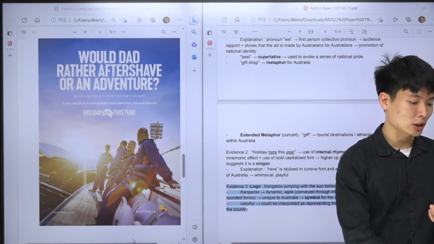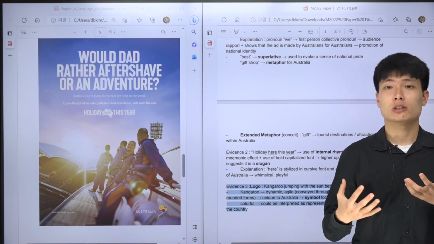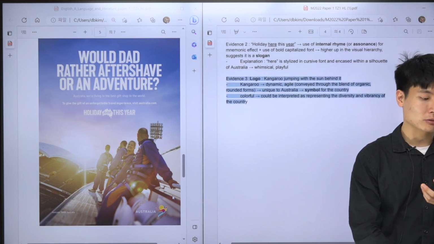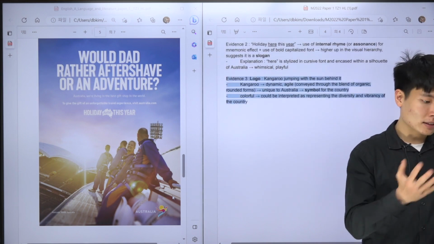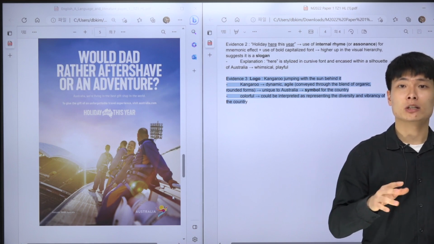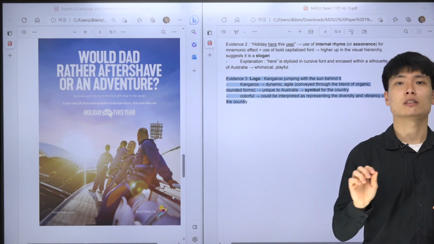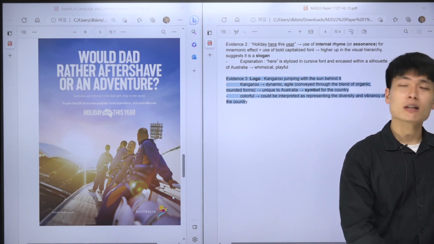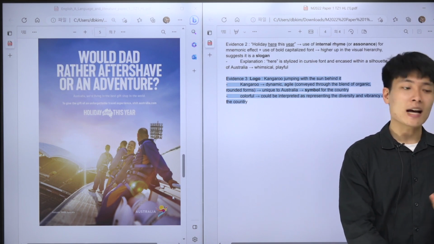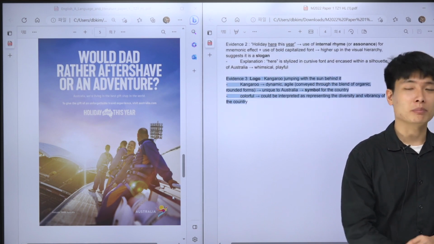I would also be mentioning the logo and all of the positive connotations about Australia this logo is trying to convey. And with that, all three body paragraphs are planned out. I know exactly what I'll be writing for every sentence, and I can now tackle my paper 1 essay with confidence. So that is how I would deal with this paper 1 text.